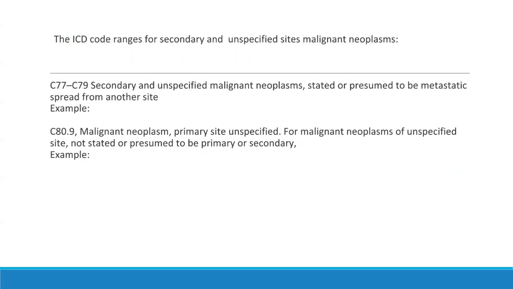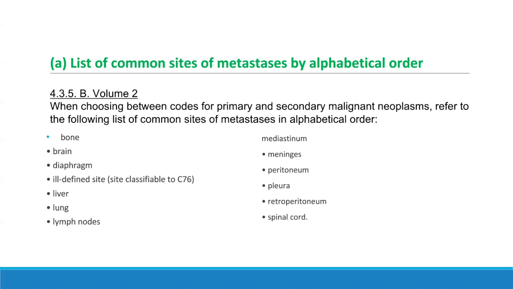For secondary neoplasms, the code range is C77 to C79, secondary. And for malignant neoplasms that are unspecified to be primary or secondary, the ICD provides the code C80.9, malignant neoplasm unspecified.